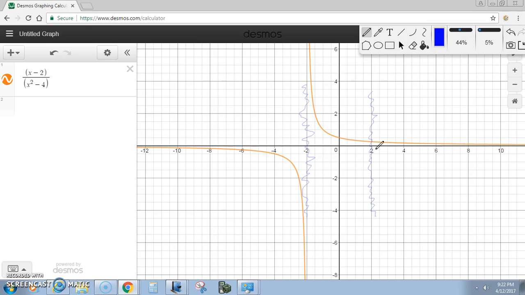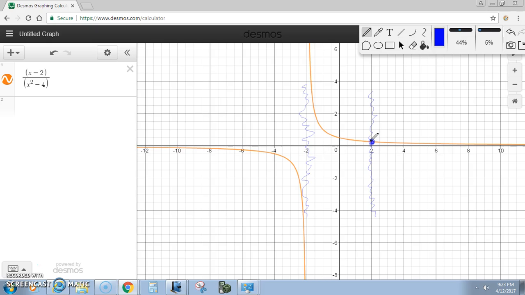If you put this equation into your TI, graphed it, and then looked at the table, it would give you an error for an answer here. And that's what we call a hole, because it looks like it exists here, but there's actually a hole or an extraneous solution right there at x equals positive 2.